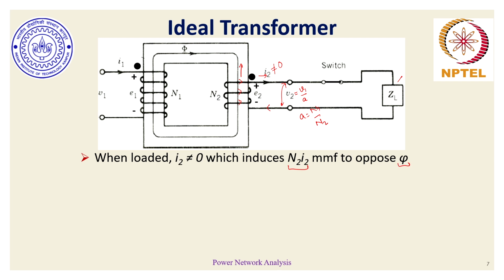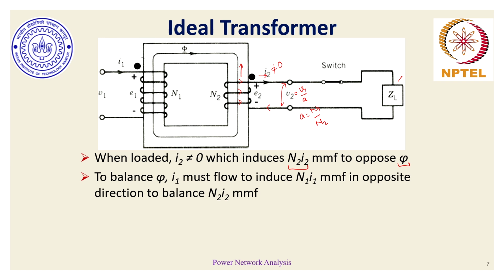In order to balance out this core flux in the core of the transformer, the corresponding information on the primary side should also get conveyed.